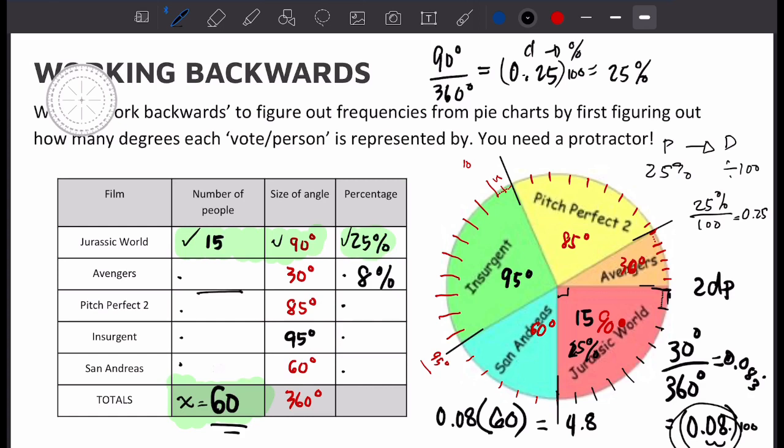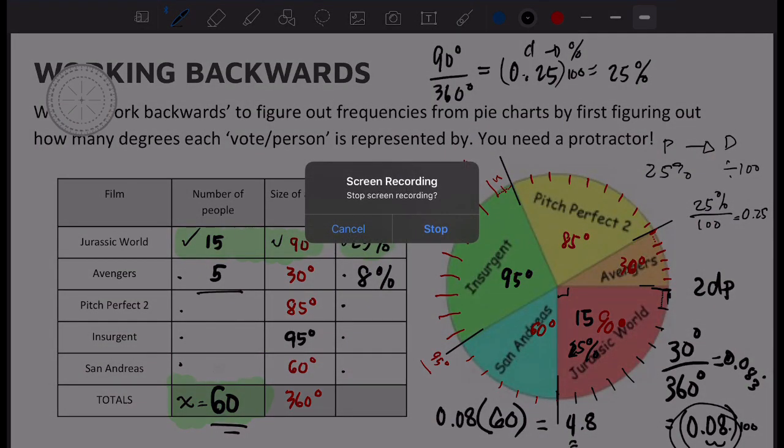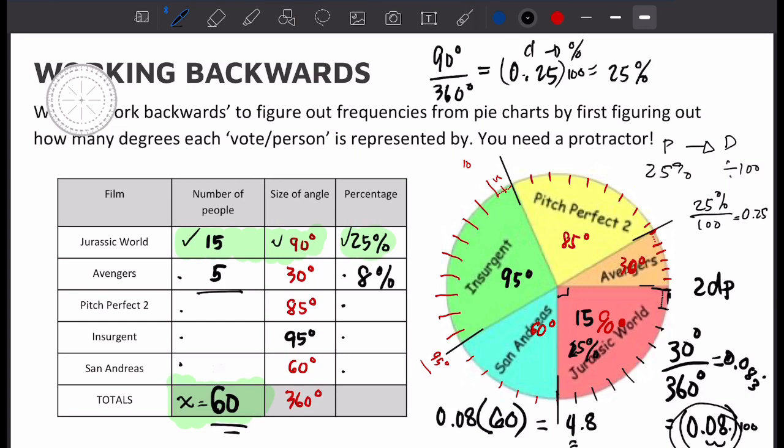Is that person missing a hand or an arm? No. You round it to the nearest whole number. So this would be 5 people. So I'm going to leave you at that, and you try to do it by yourself. I hope this tutorial helped you complete working backwards. So, as my virtual protractor says, thank you and have a nice day. Bye-bye.